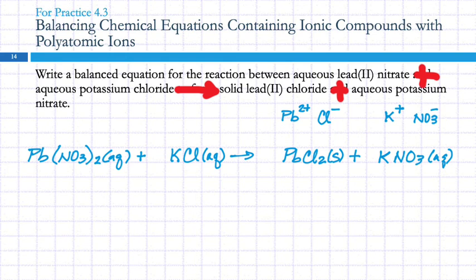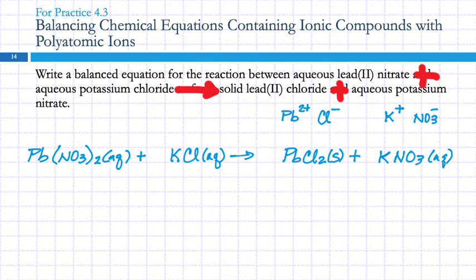So what I'd like you to recognize is that this nitrate ion was present as one of the reactants, and it's also present as one of the products. It didn't come apart. It's still together. So it's like a little subunit of your Legos that, 3 of this and 1 of the other, and that part stays together.